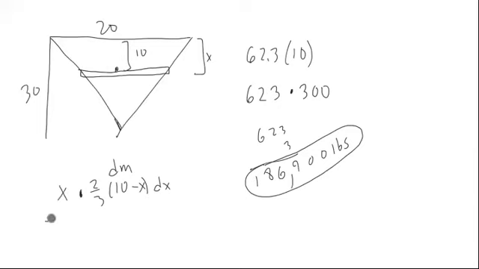Now, if you think about this for a minute, this right here, if we were to divide it by 1 over the total area, and we're going from 0 to 30, is actually equal to the centroid position, because you're finding the average value of position going down this way, and you'll end up getting the centroid.